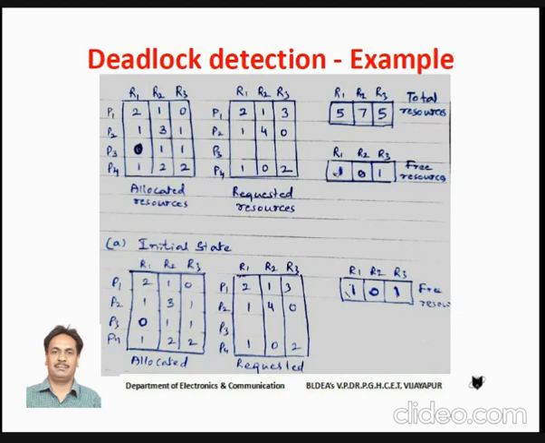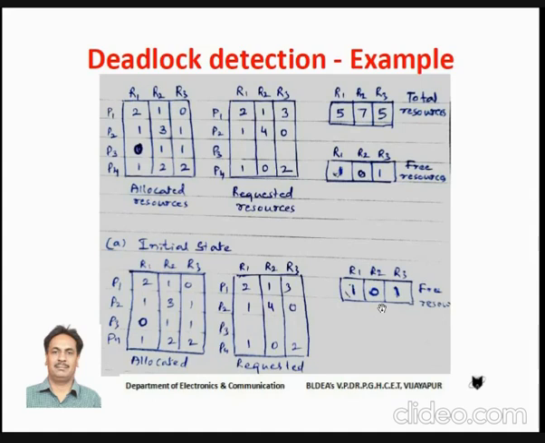The very first step, students, is to note down the initial state. In the initial state, I have simply copied the given problem itself. I have noted down the information about allocated resources and the requested resources, and also the free resources which are available.